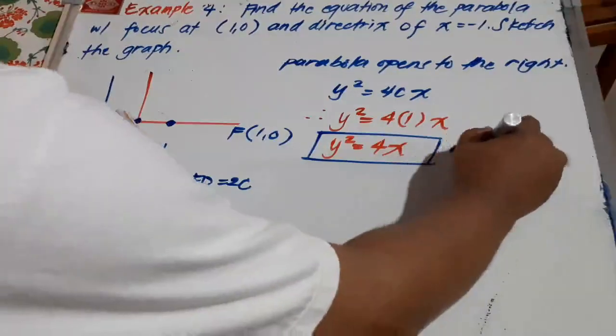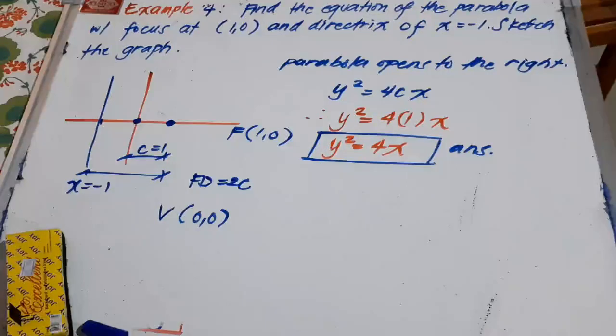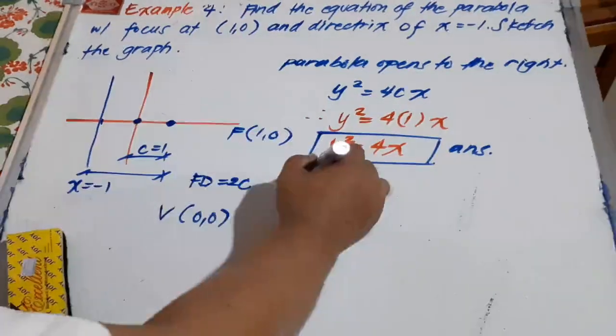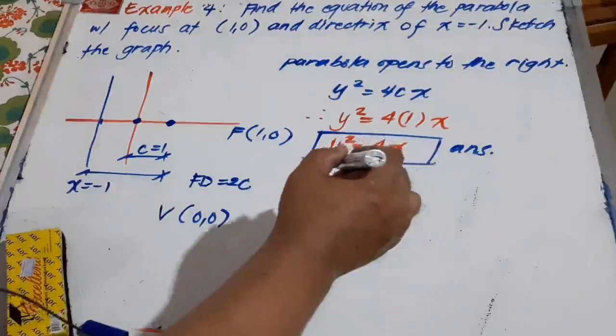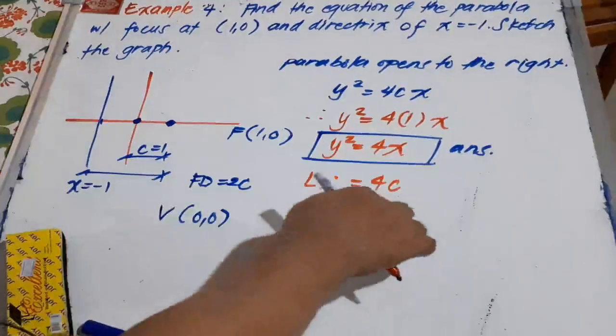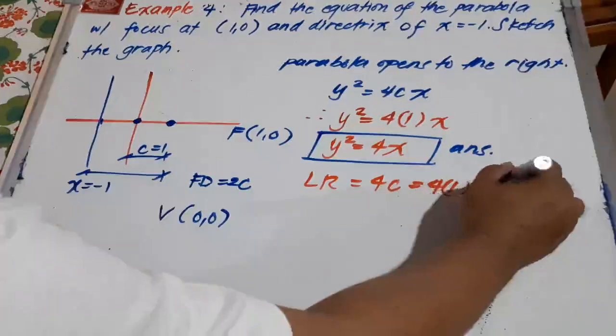Sinasagot natin. Okay? Ang kasunod natin is yung sketch ng graph natin. So, we solve for LR. So, LR equals 4C. Okay? Ito na mismo yan. 4 times C. Therefore, LR equals 4 times 1 or 4 units.